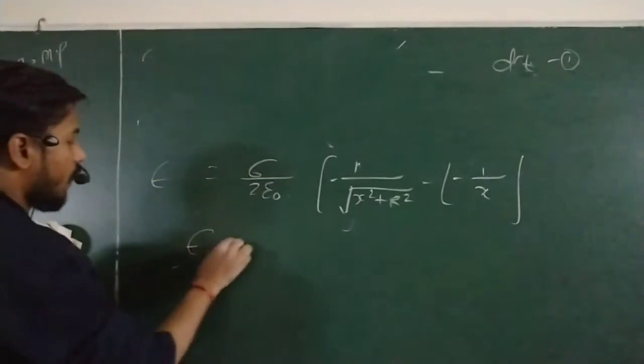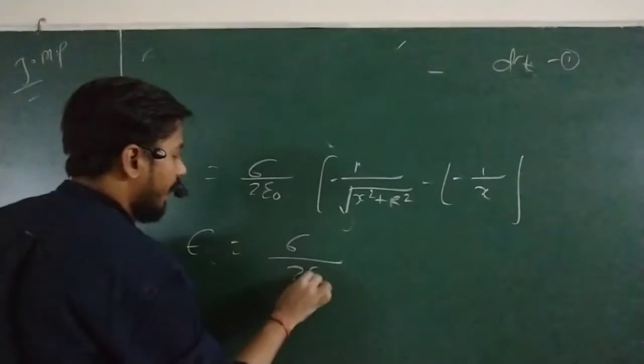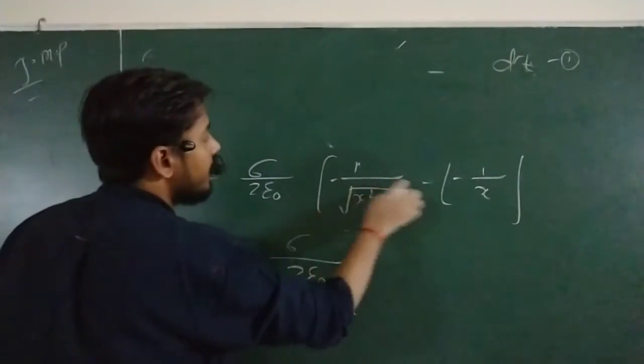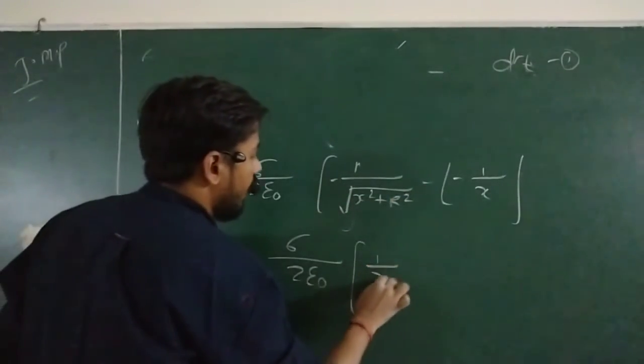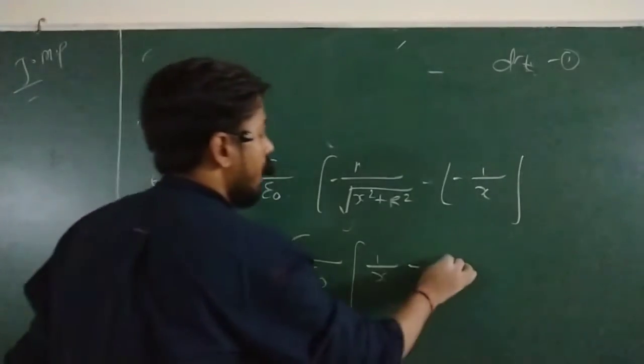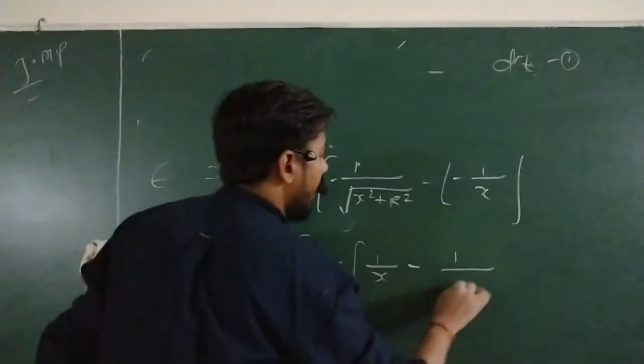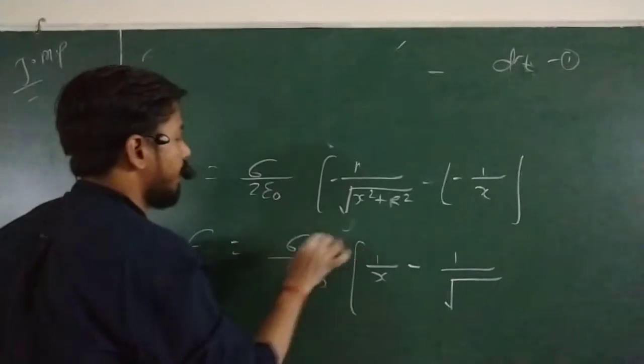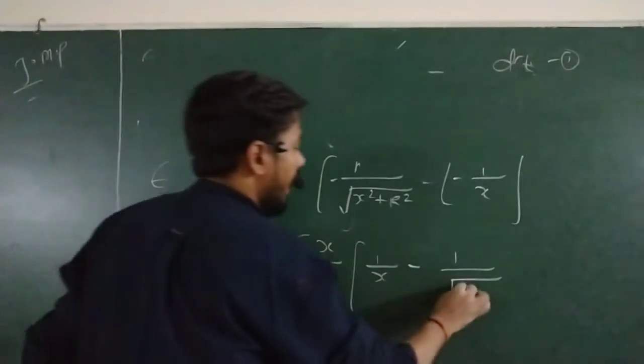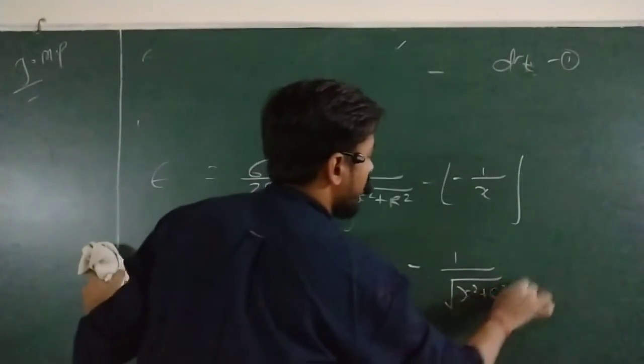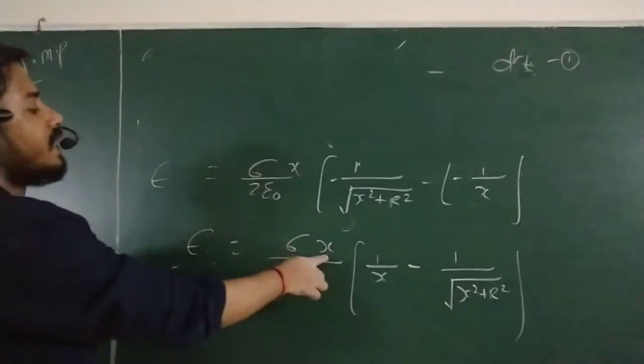See here, E is equal to sigma by 2 epsilon 0. This minus plus, so can I write 1 by x minus, this becomes, my dear, 1 by under root, and here 1 by x, we take x outside, x square plus r square. Now multiply this x.